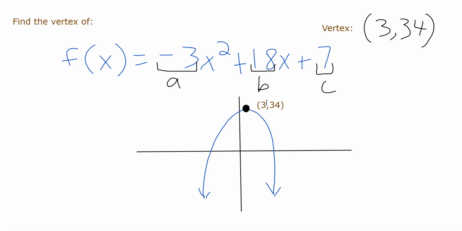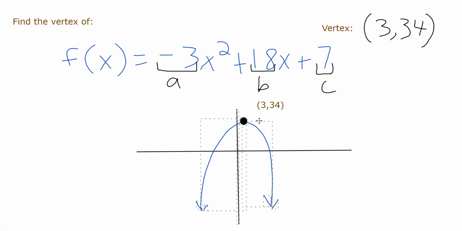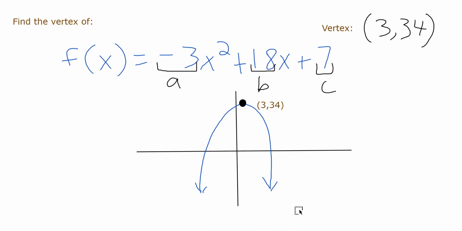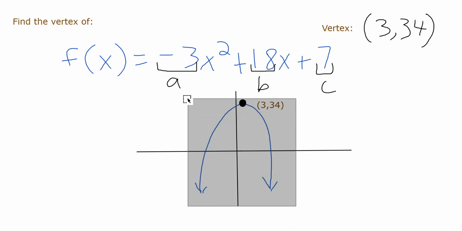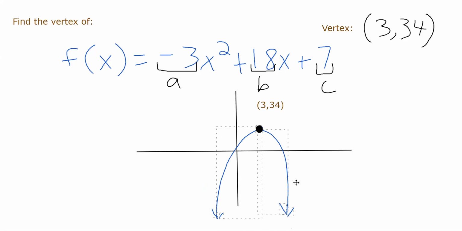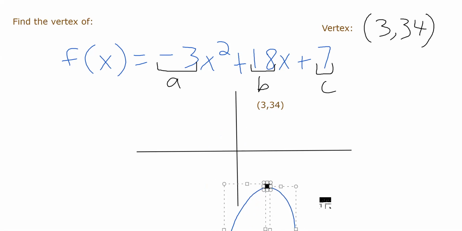If this had been 3, negative 34, and still frowning, I would know that the whole thing comes crashing down below the x-axis. And since it's still frowning, I would also know it doesn't have any roots.